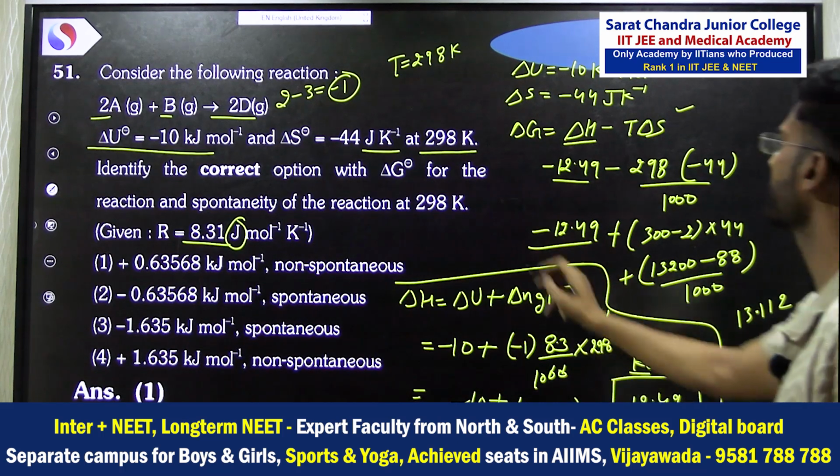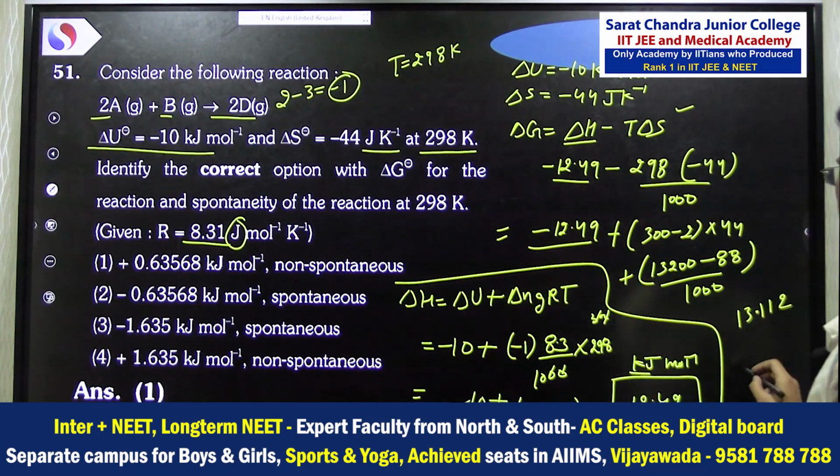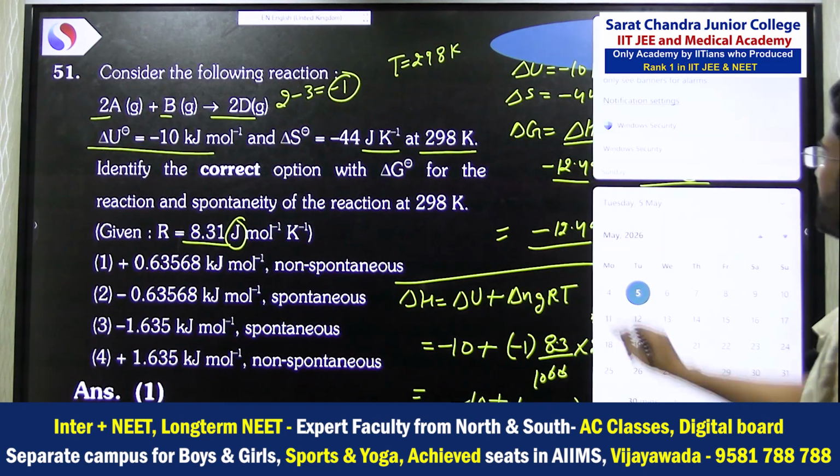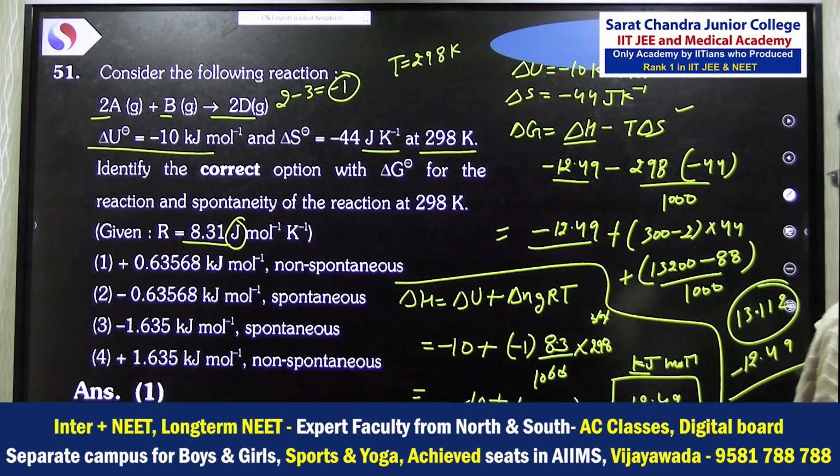So plus 13.11 minus 12.49. If you subtract this, you will get 0.62.